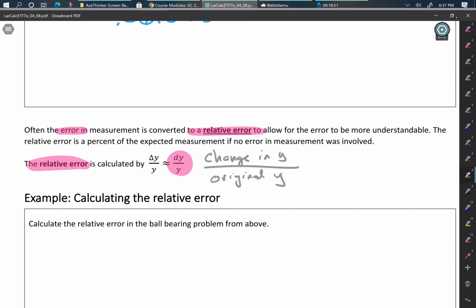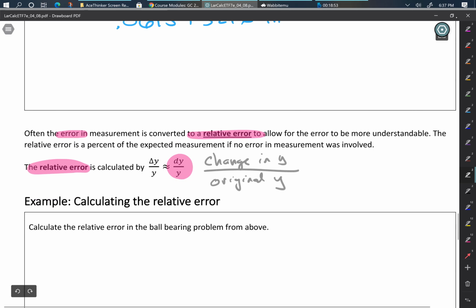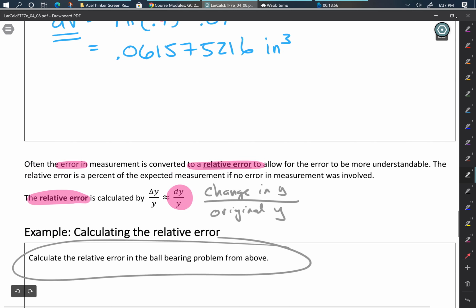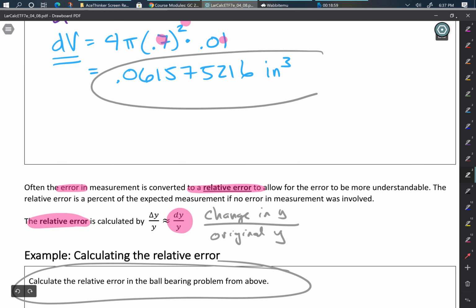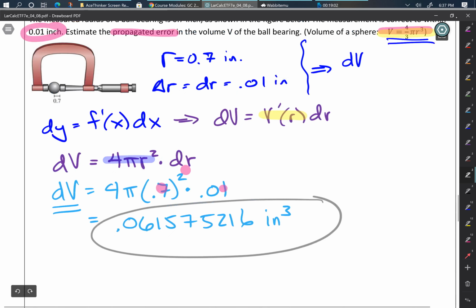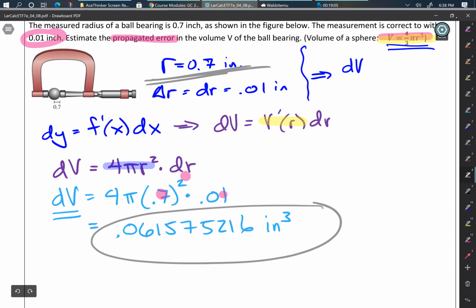So for us, the example we're going to do is calculate the relative error in the ball bearing problem. We are going to take this error that we found and divide it by what the radius would have been if this calculation would have been perfect, meaning if there had been no error in the measurement of the volume.